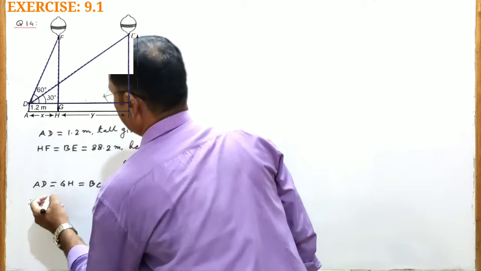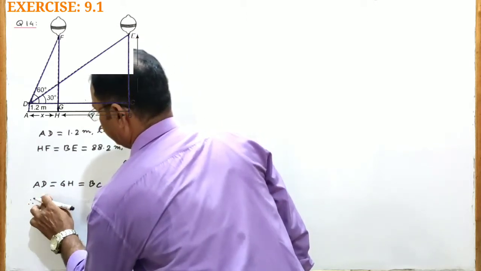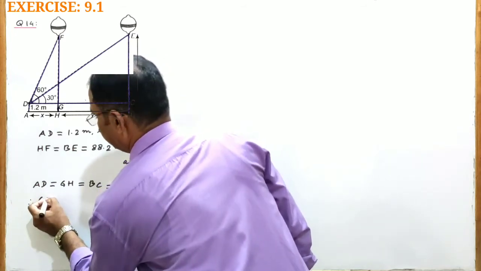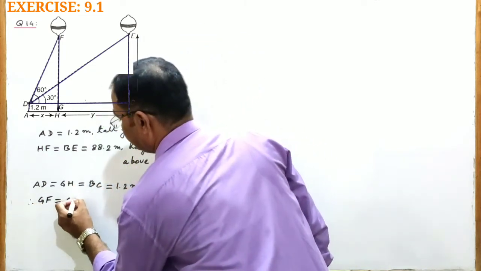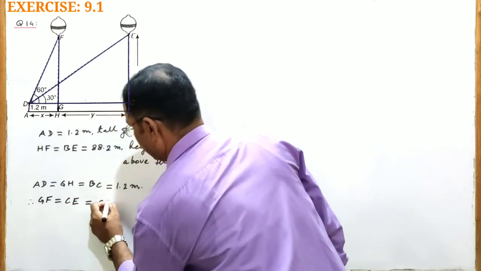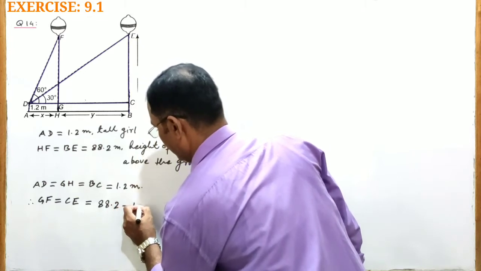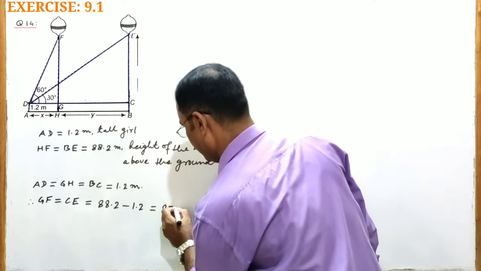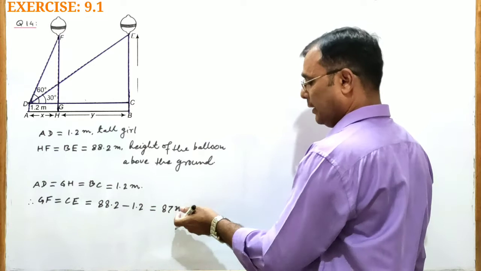Therefore, GF equal to CE equal to 88.2 meter minus 1.2 meter equal to 87 meter. This is the height of the balloon above the girl.